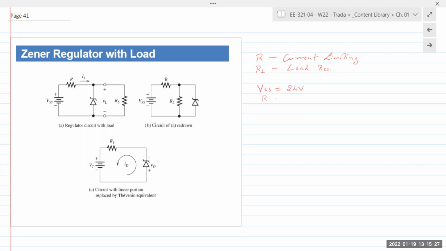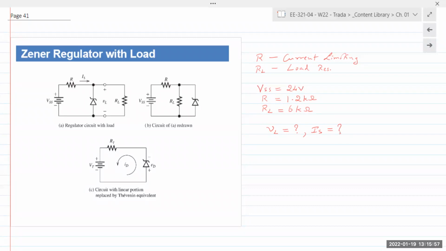R is given to us as 1.2 kilo ohms, and RL has a value of 6 kilo ohms or 6,000 ohms. Okay, 6 kilo ohms. And the question being asked is to find the load voltage and IS. We're not given anything else.